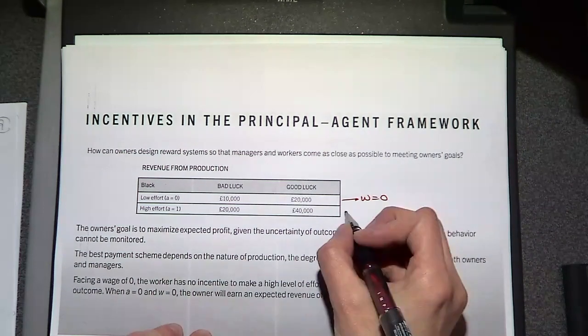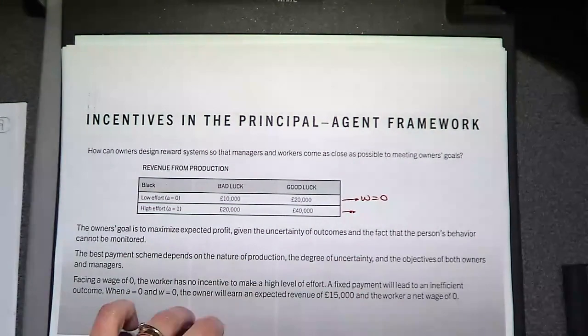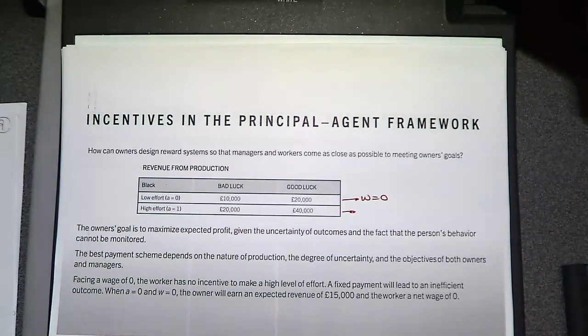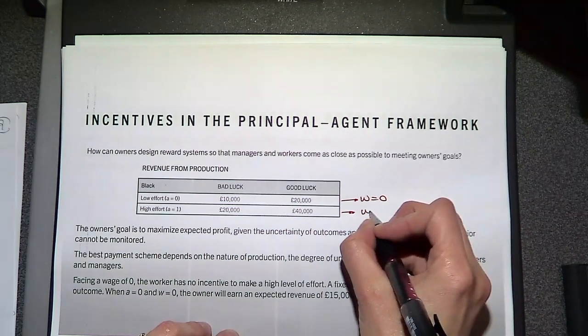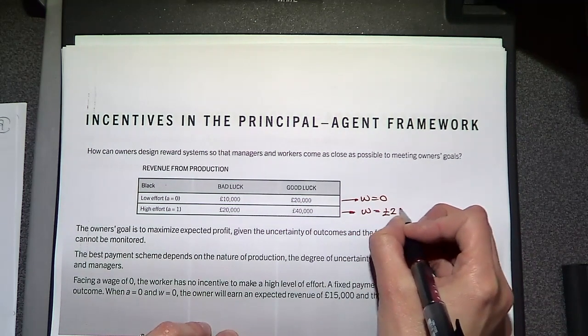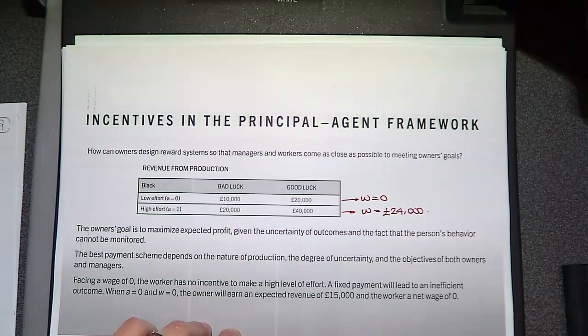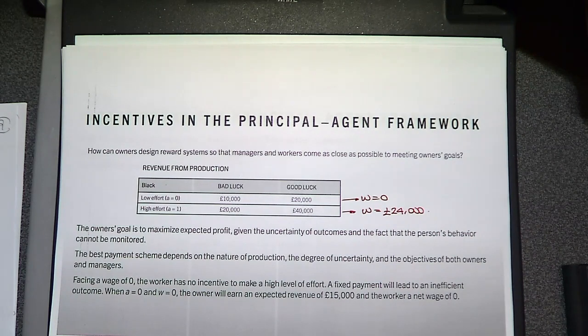And then it could be that depending on the effort that you make, if you do a high effort, then the principal tells you, well, if you do a high effort, you get a salary of 24,000. Right. So what could you do?